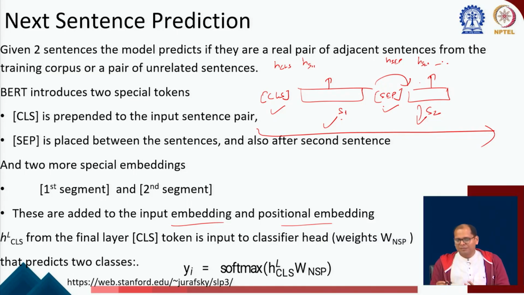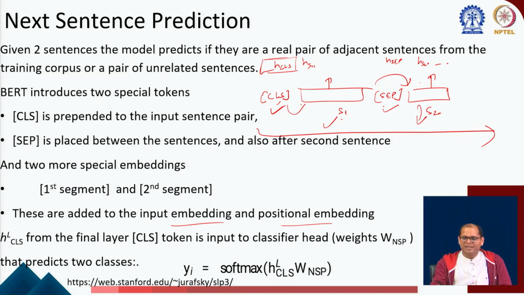And then what is your task? You want to predict if it is a continuation or not. So they use this CLS token as a special token to do the prediction, and they do classification based on that. Now they could do it at the first word because in encoders you have bidirectional context.